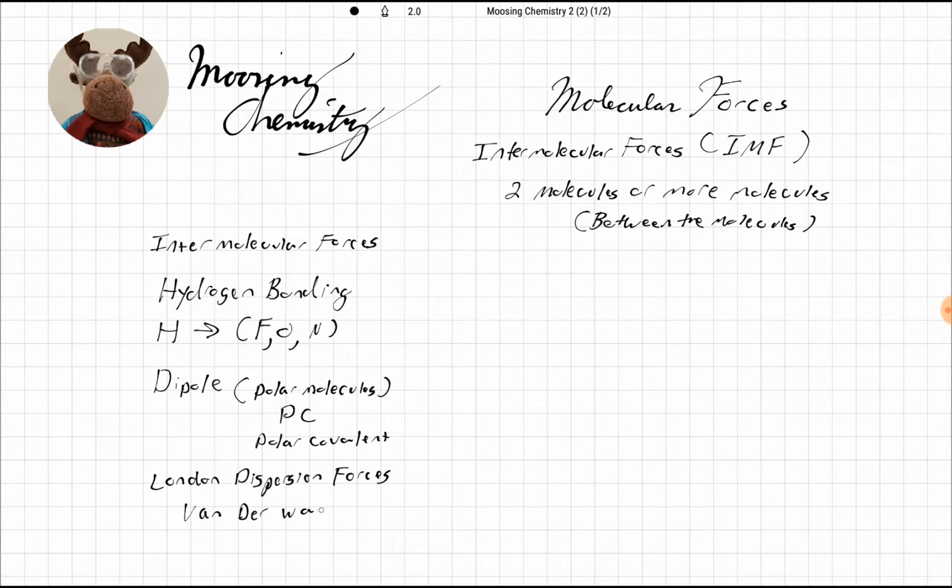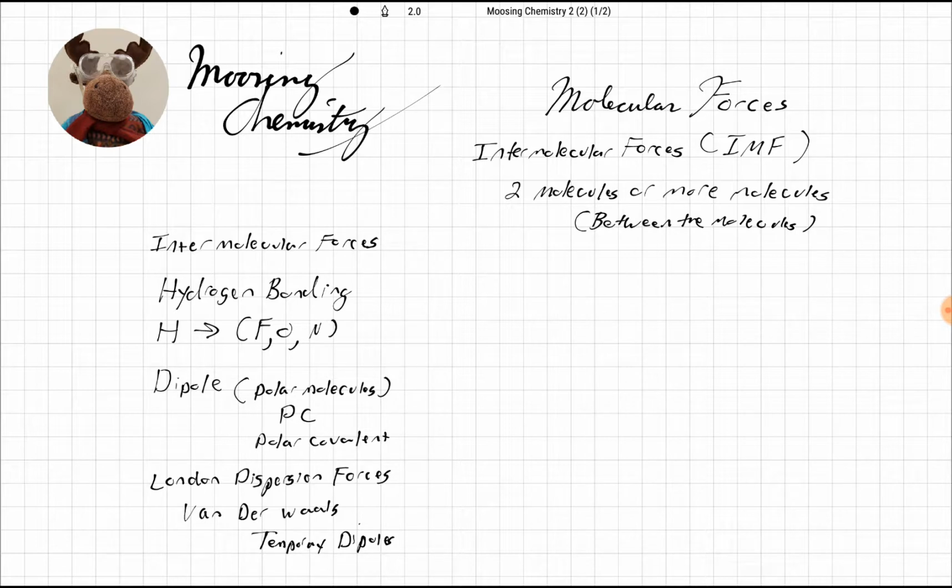And if you see either name, guess what? They mean the same thing. And these guys are like temporary dipoles, which means they're there one moment and they're gone the next.